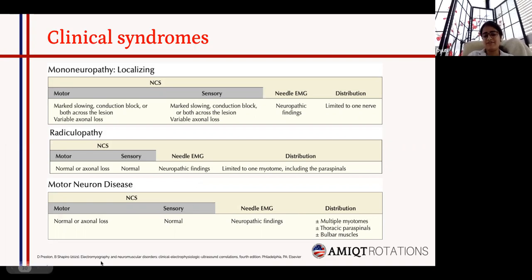For example, if the motor nerve conduction studies show axonal loss and the sensory nerve conduction studies are completely normal, and the needle EMG has neuropathic findings in multiple myotomes, maybe involving the thoracic paraspinal muscles, maybe involving the bulbar muscles, and we can see fibrillation and fasciculation potentials, then we can diagnose the patient with a motor neuron disease. Whereas if we get similar findings as here, but they're limited to one myotome, in the correct clinical context, we can diagnose the patient with a radiculopathy.